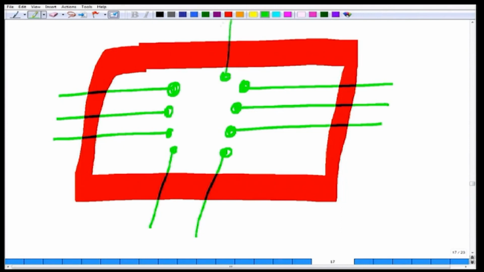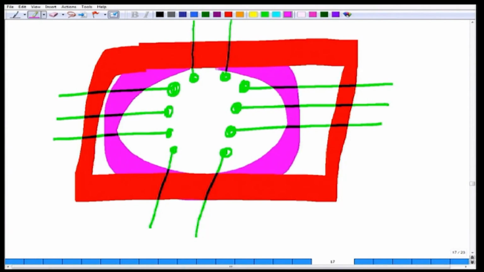And around this there is a well. Well is something like this. So inside this well, you can actually grow the cells.